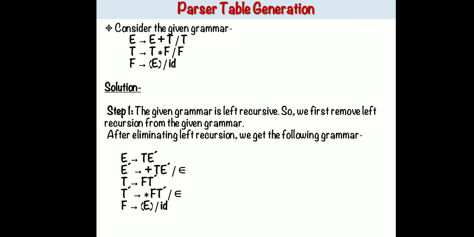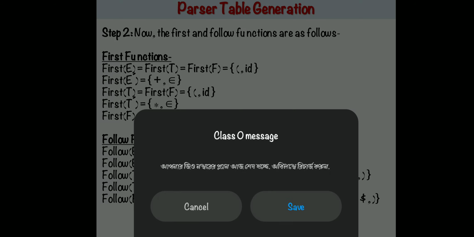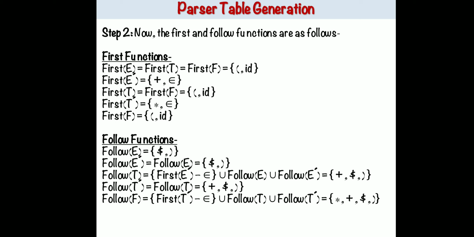So these are the production rules after eliminating left recursion. These are the rules we got. So we wrote that first of F is open bracket and ID. Similarly, first of E dash: in the production there is plus T E dash.